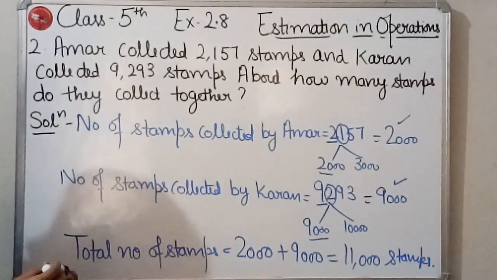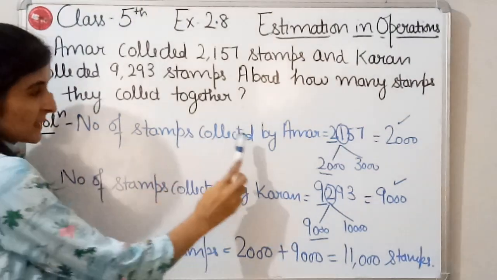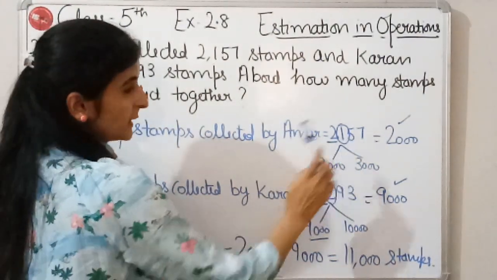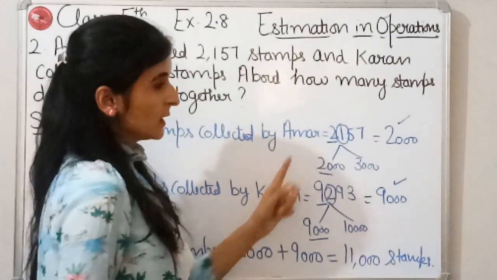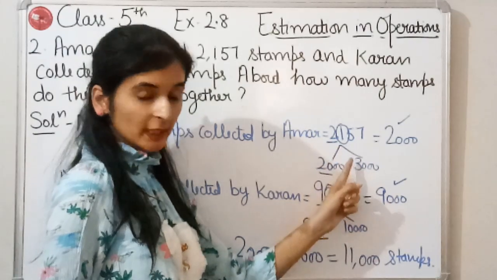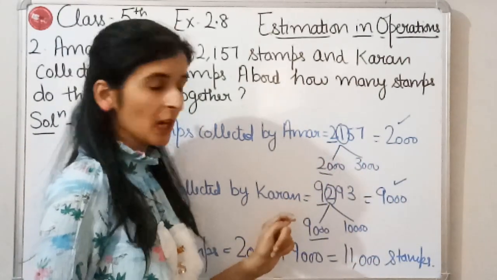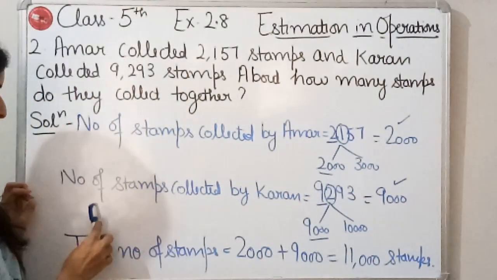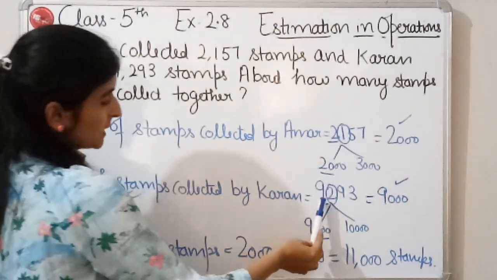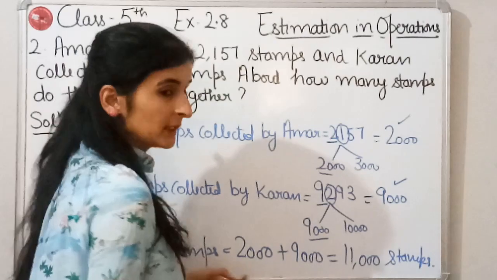We were given the number of stamps collected by Amar. That was equal to 2157. So for that we have rounded off this to the nearest 1000, which is equal to 2000. Then we have the number of stamps collected by Karan. That was 9293.